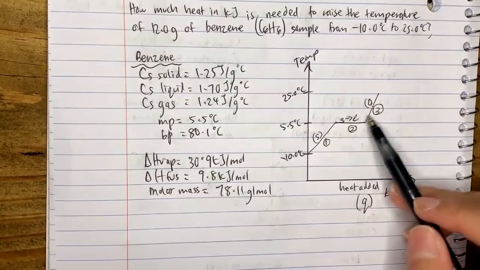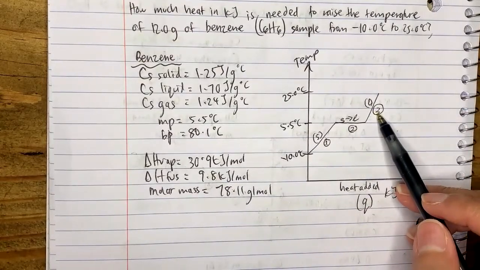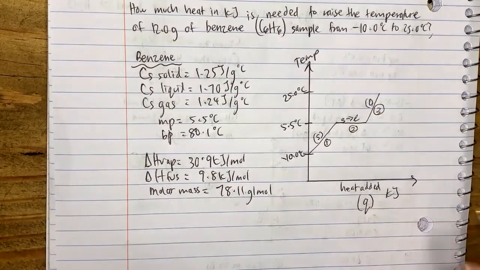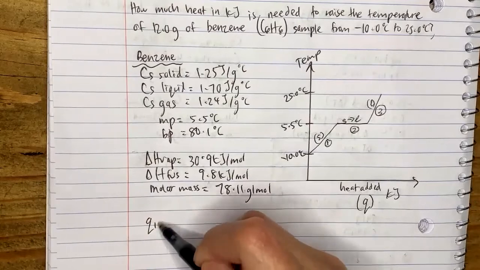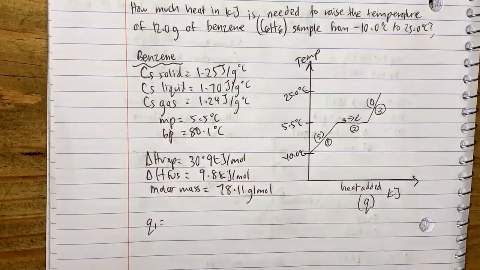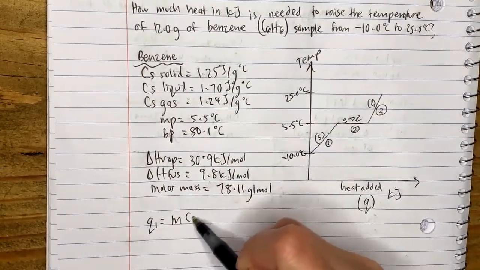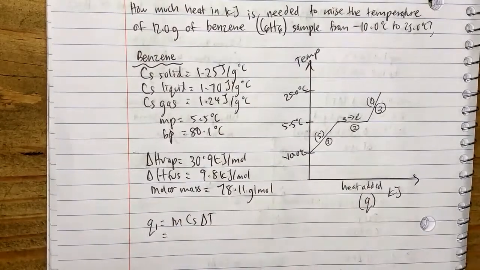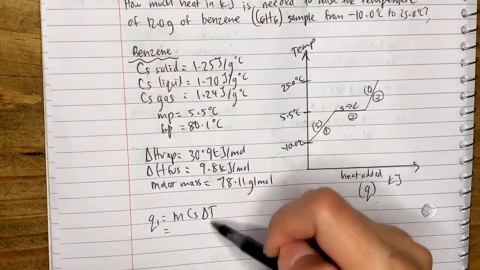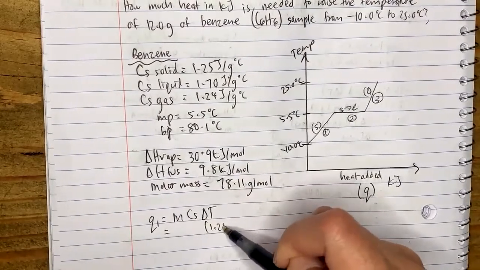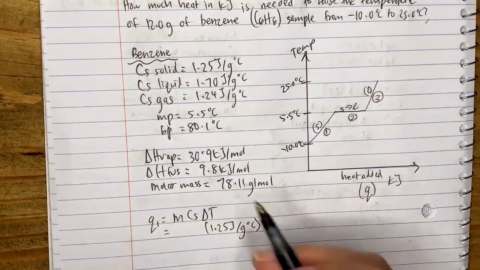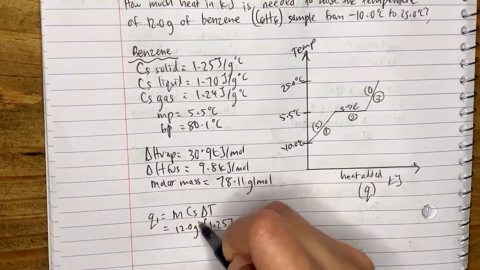So remember, these two going up in temp are going to be Q equals MCS delta T. This one here will be N delta H, in this case, fusion. Okay, so Q1 is MCS delta T. So what in the world is my CS? My CS is for the solid. So it's going to be 1.25 joules per gram Celsius. And because I see grams here, I'll put 12 grams of benzene here.